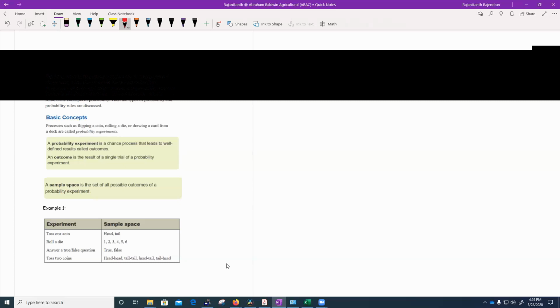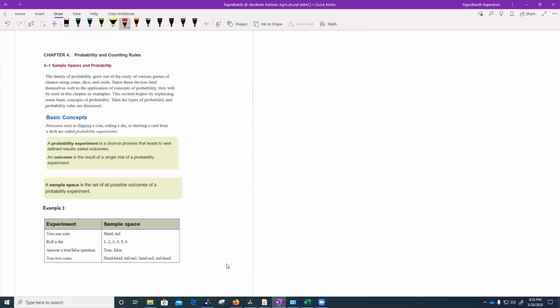What does that mean? Suppose you perform some experiment, the result is going to be our outcome. An outcome is the result of a single trial of the given probability experiment. I have given some examples here for probability experiments.